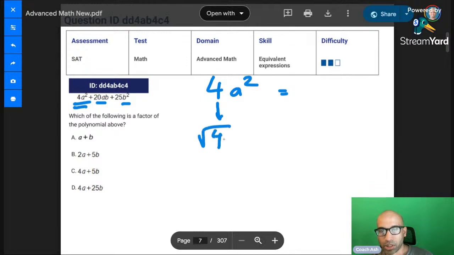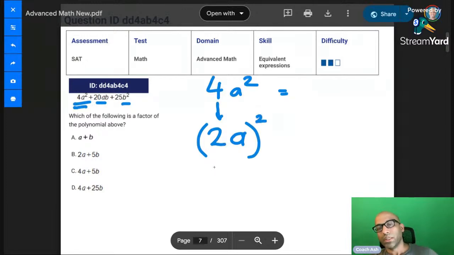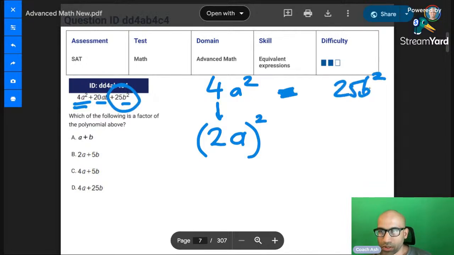You can punch it in your calculator as well. It's equal to 2. And the square root of a squared you can memorize is a. So what I'm trying to say is 4a squared you can write as 2a squared like this. Now you have this one also, 25p squared. Can you guess how you can write 25p squared? You can write 25p squared as 5p squared, because the square root of 25 is 5.